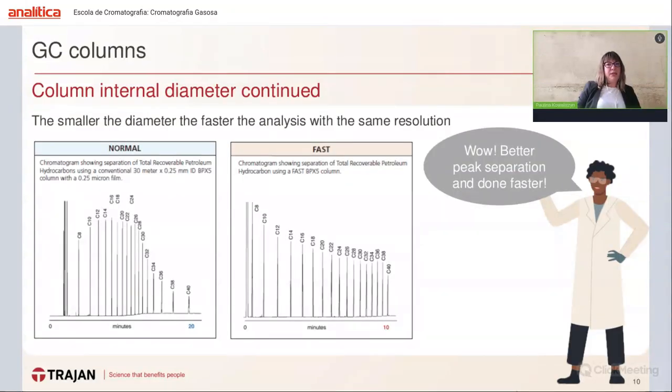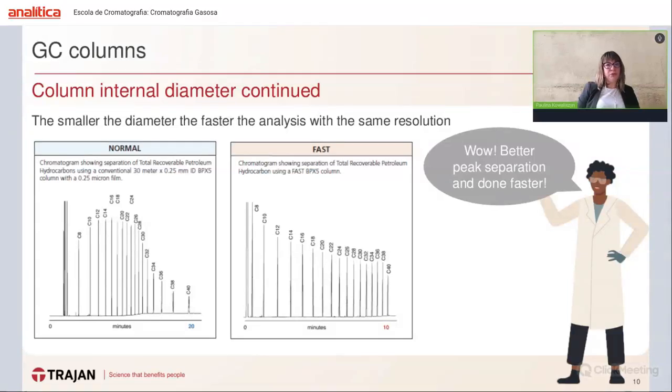And here we've got an example of hydrocarbon analysis done on the normal column, let's say, so the column with 0.25 millimeter ID, and the fast GC, so with smaller diameter column, and you can see here the difference in the chromatogram. You can see that the separation is still good.